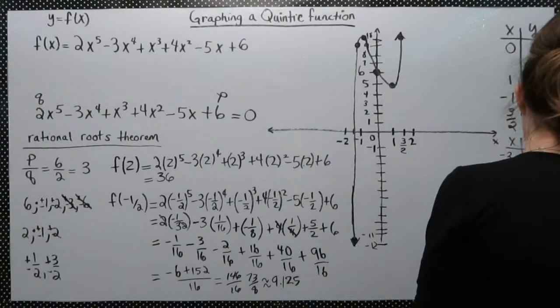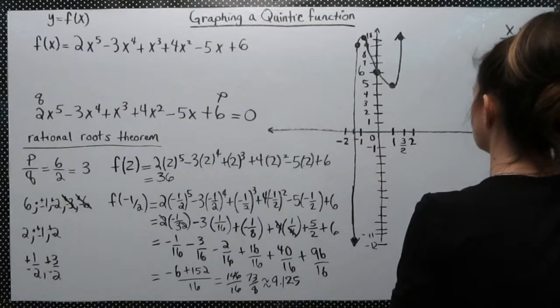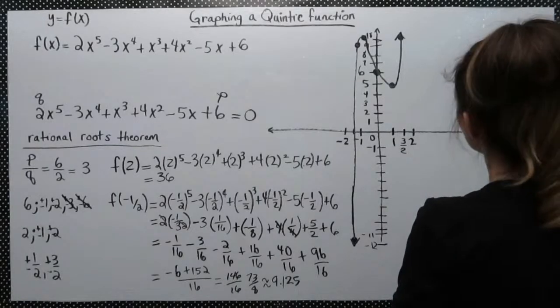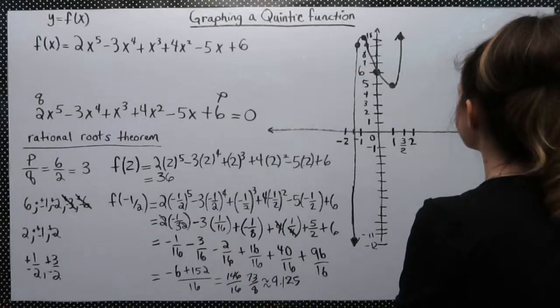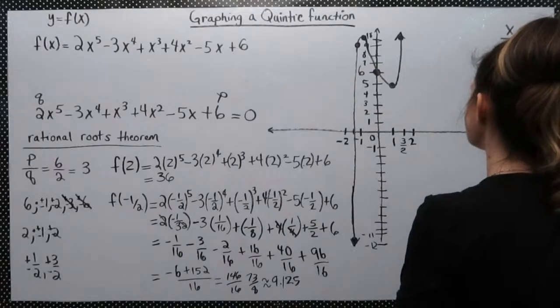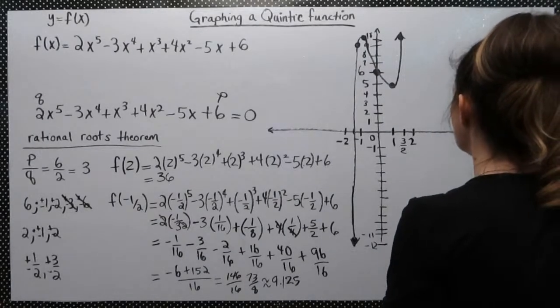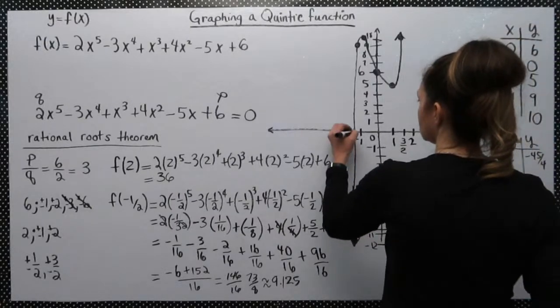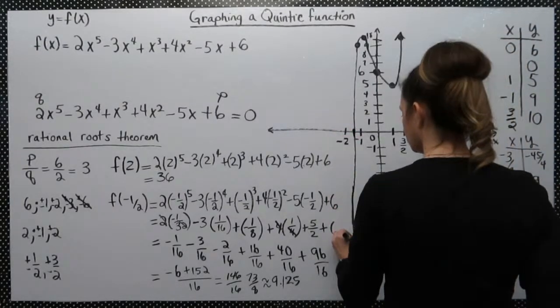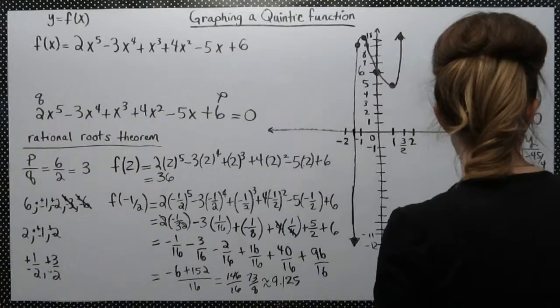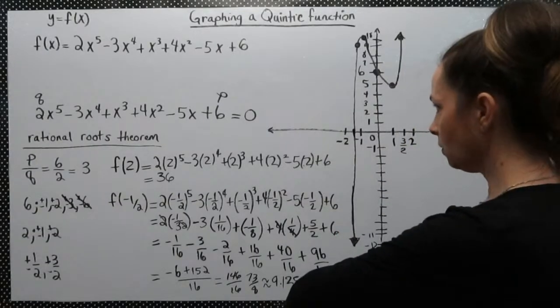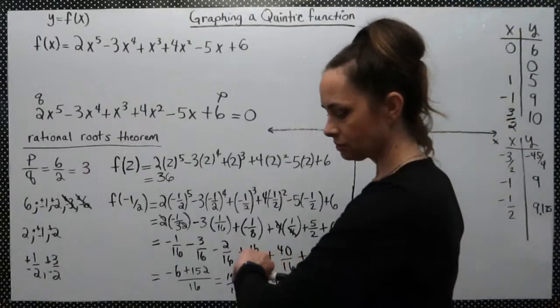This one was not too bad to graph. We didn't really do a whole lot, but I think it's only got one clean intersection here, and it's not a real root.